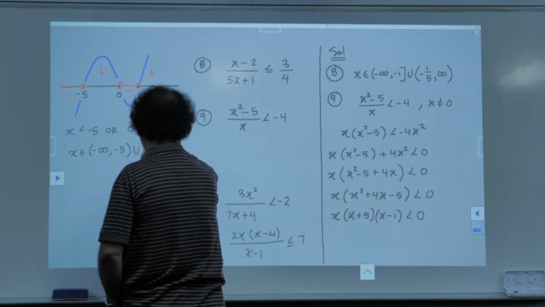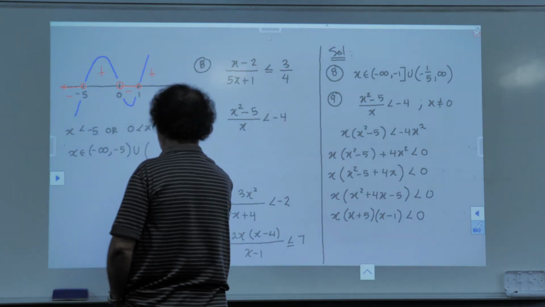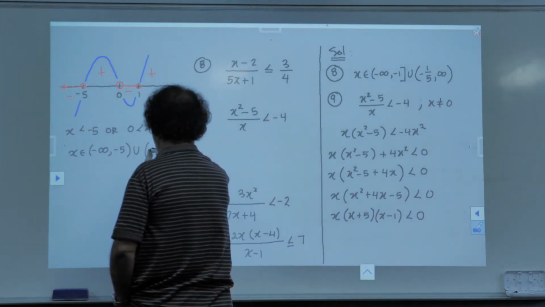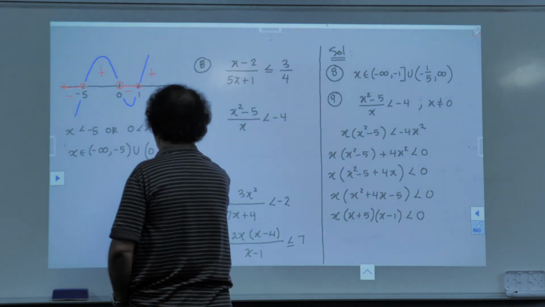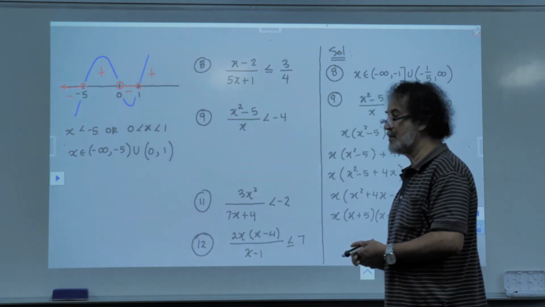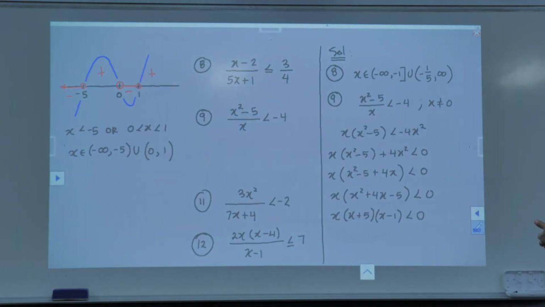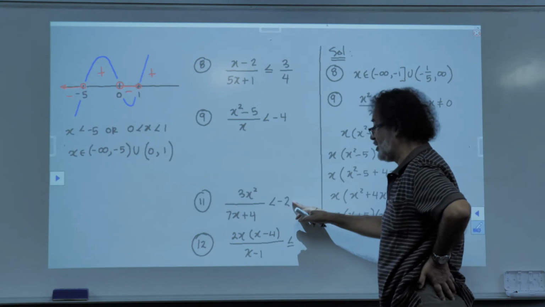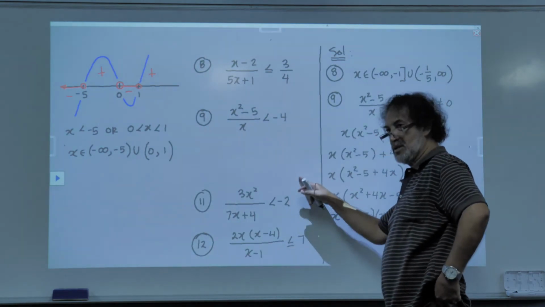And then positive 1. 0 and positive 1. Yeah, that's it. All right. Okay. So you should be able to do the rest of this question.